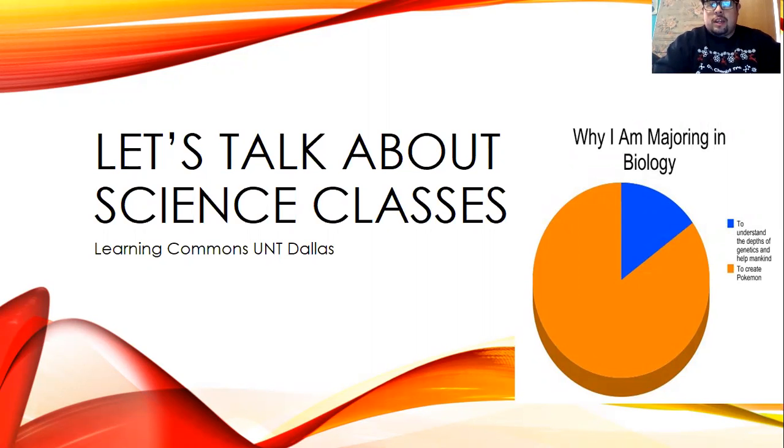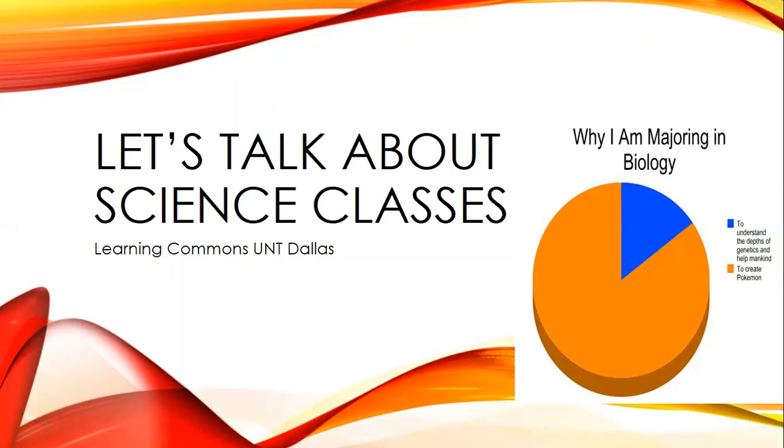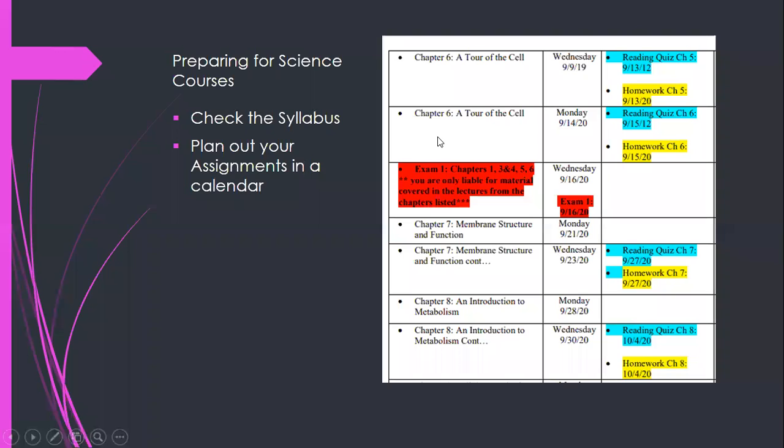And before we dive into those tips, let's talk about the importance of using your course syllabus. The syllabus contains the contact info for your professor and a breakdown of assignments and dates for exams, which can be put into a calendar, like an Outlook calendar, to keep yourself organized so you don't fall behind on assignments or stay up late studying for exams.